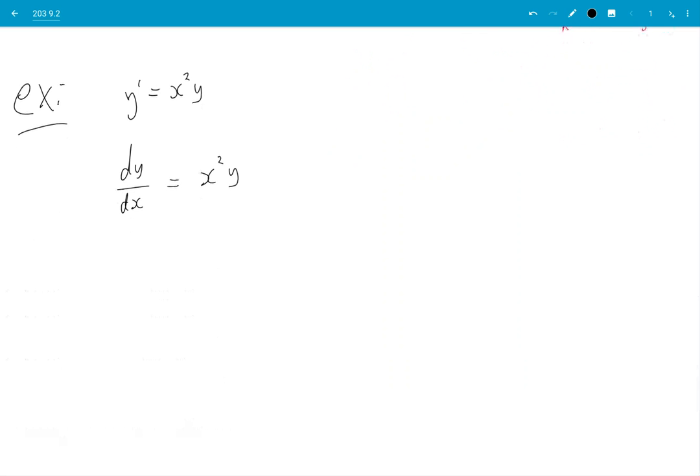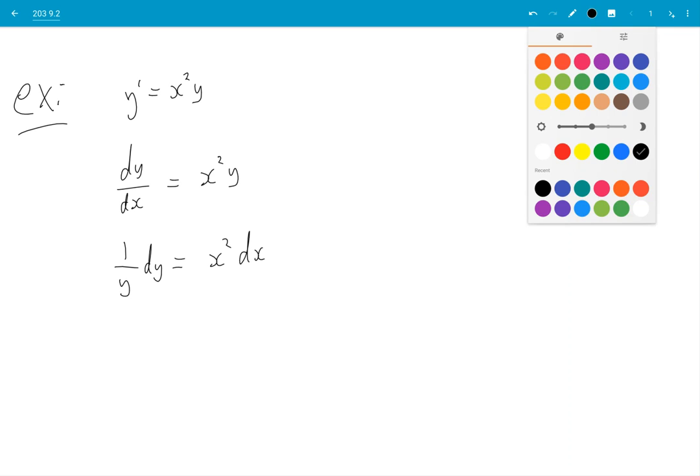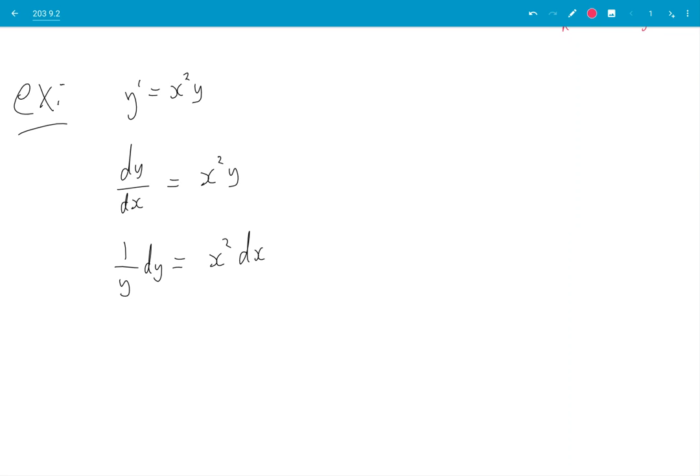So I want to separate, so I'm going to put my y's on the left, and then I get x squared dx over there. So I did separate, and then I integrate. x cubed over 3 plus constant.